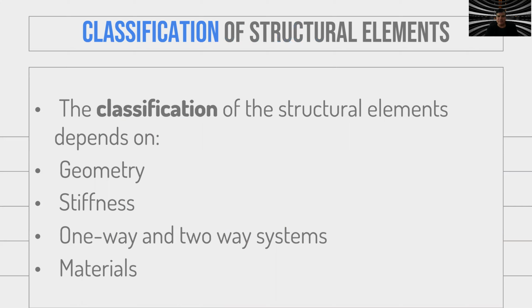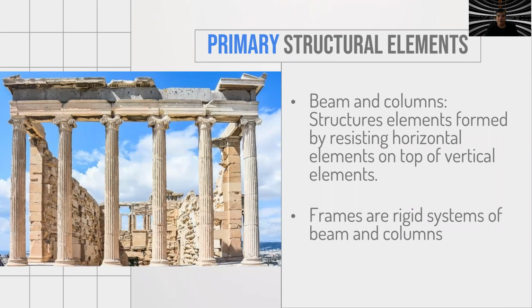Structural elements can be classified depending on the geometry, the stiffness, whether they are one-way or two-way systems, and materials. There are primary structural elements, and the most important is the simple system of a beam and a column. It's not anything complicated. It's just a frame where a beam is supported by columns and the forces are transmitted to the ground.